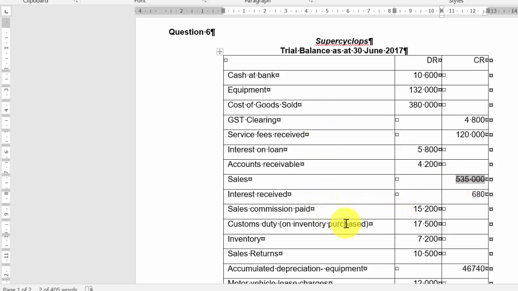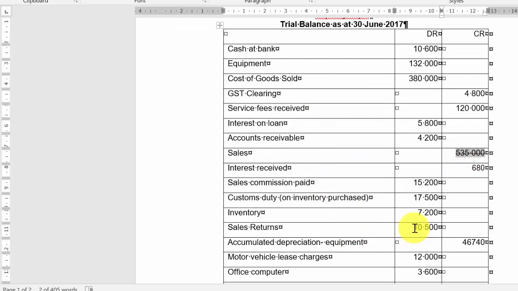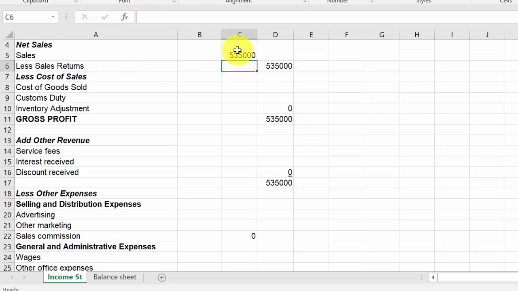Sales returns is here, 10,500. So my net sales is this, and you should be underlining that every time you make a calculation.